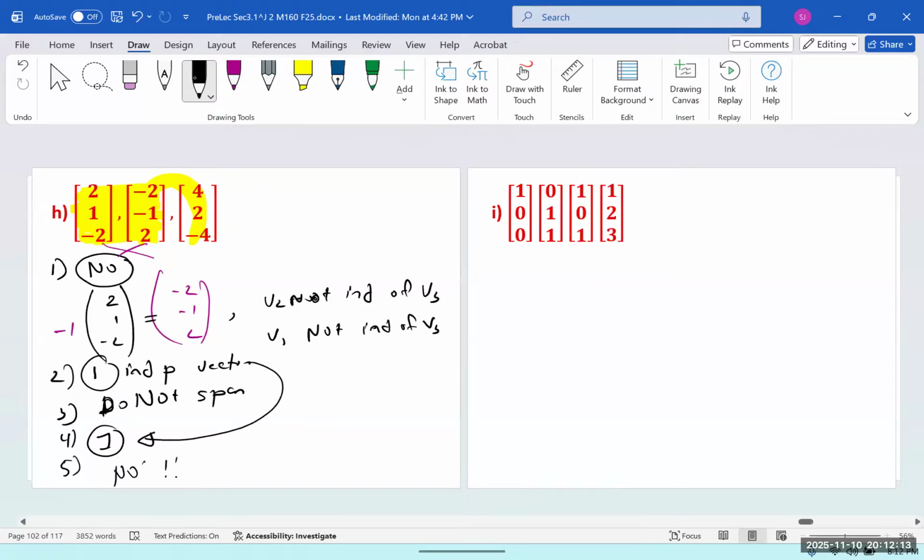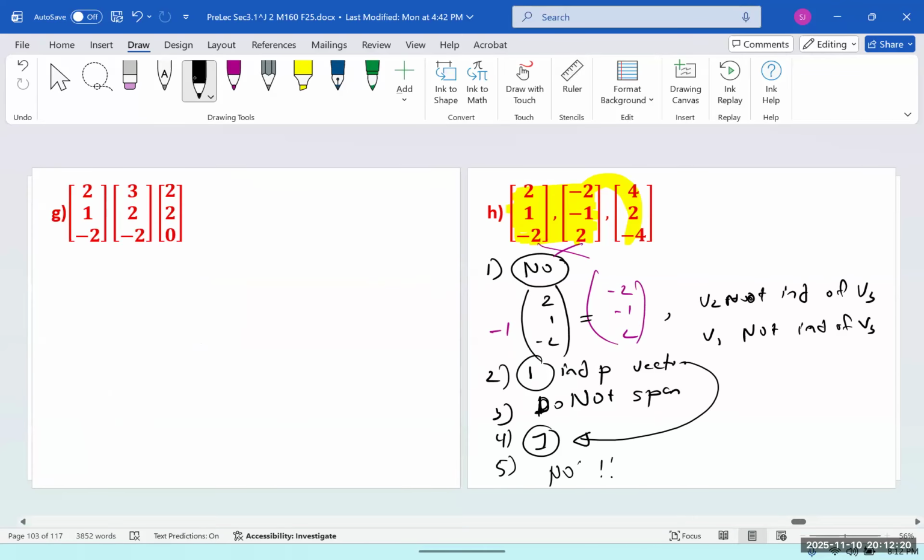Okay, 8i. With this one, we don't find the determinant, right? We didn't start with the determinant. Why not? Because we can see clearly that the second vector is a multiple of the first one. So in this case, let's do V2.